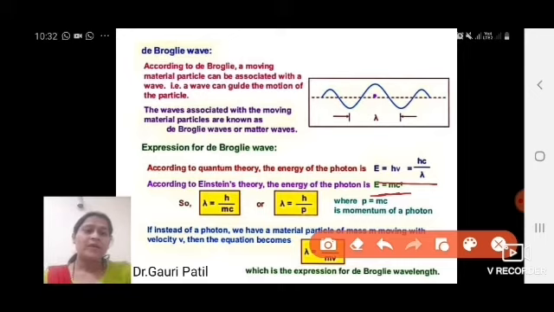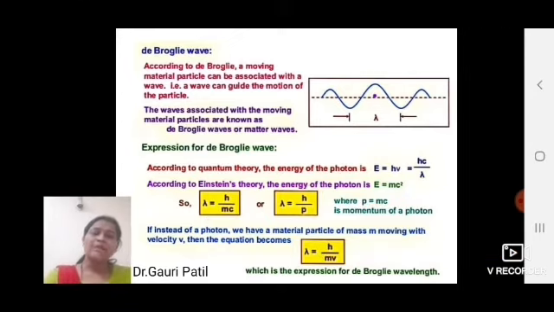We put this value of E inside this equation and calculate λ, which is equal to h upon mc, where mc means momentum. So by putting p is equal to mc, we get λ is equal to h by p. Instead of a photon we have a material particle of mass m moving with velocity v, and then the equation becomes λ is equal to h upon mv.